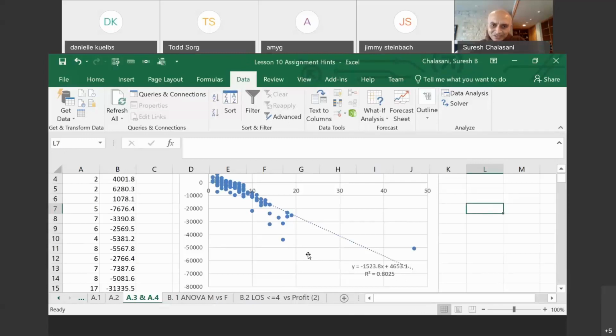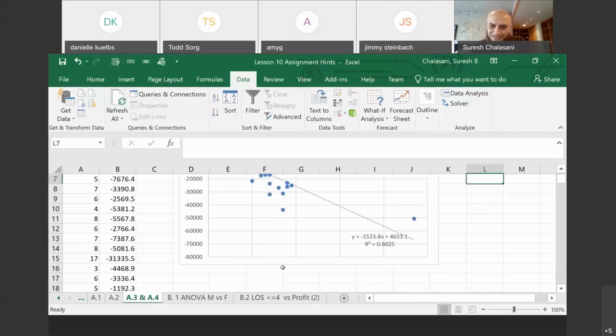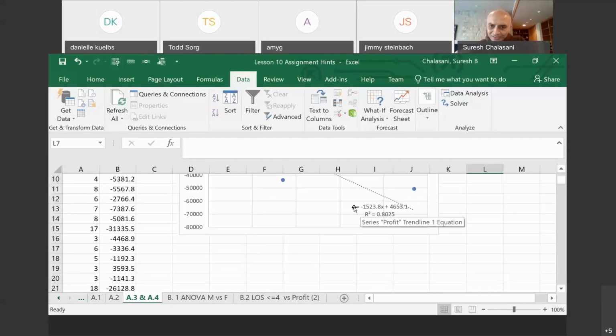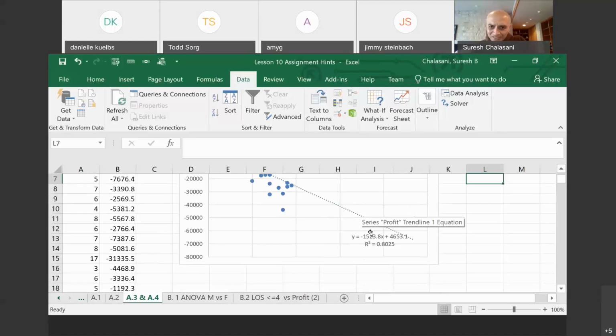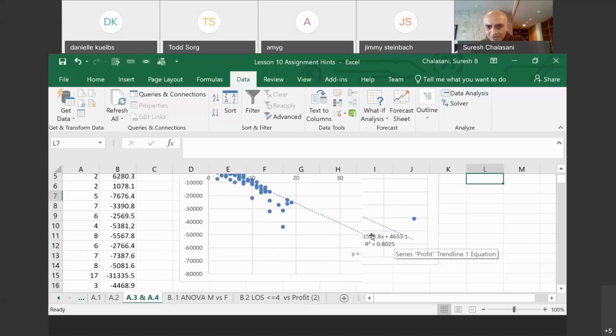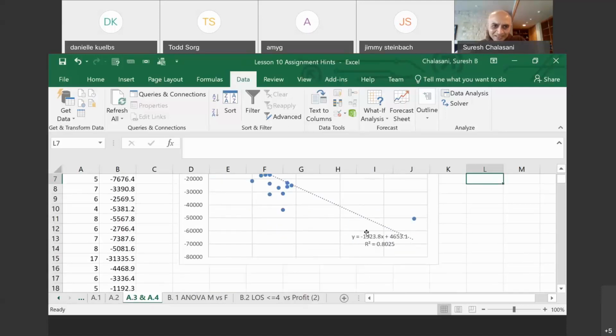So y is the profit here, and it is minus 1523.8 times length of stay, x, plus 4653.1, the profit that's computed using length of stay as a parameter. So if I write this equation, I get this type of equation.